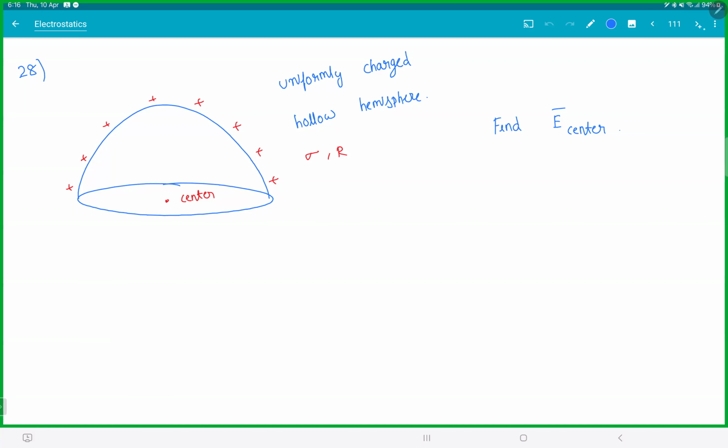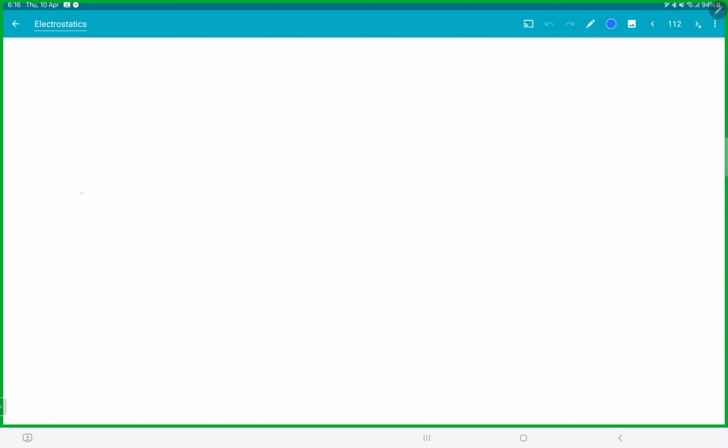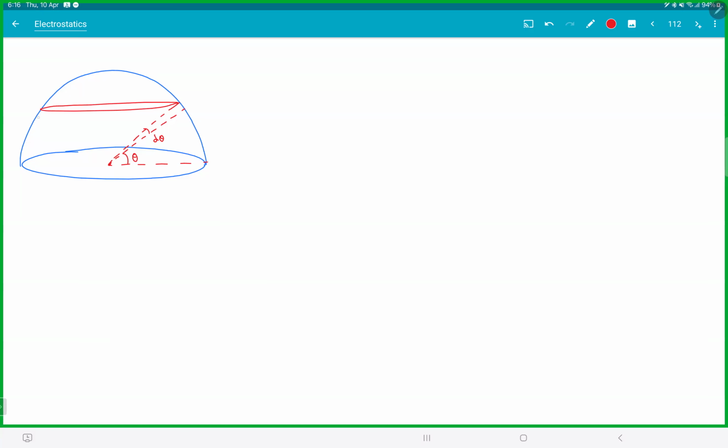Let's see. So from the center, at an angle theta, take a small slice d theta, we get a ring like this. You know how to visualize this? Imagine this thing. Take a watermelon, cut it horizontally twice, and a disc will come.